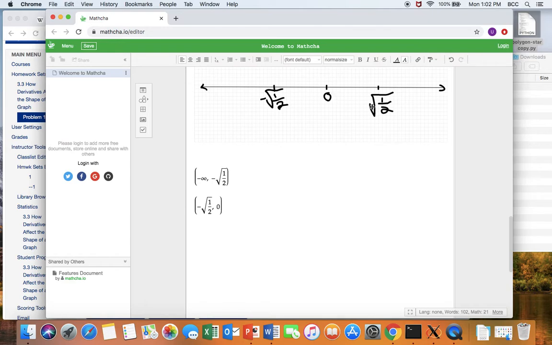The third interval is 0 to square root 1 over 2. Okay, open interval. And the fourth interval is square root 1 over 2, open interval, square root 1 over 2 until infinity.